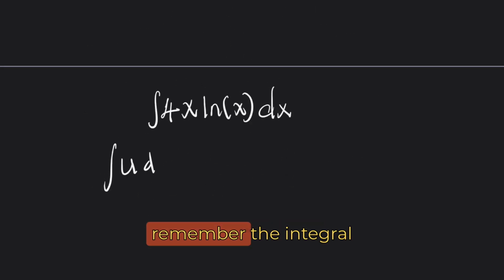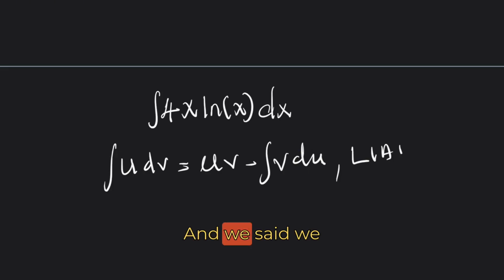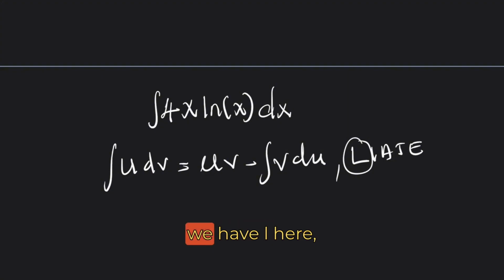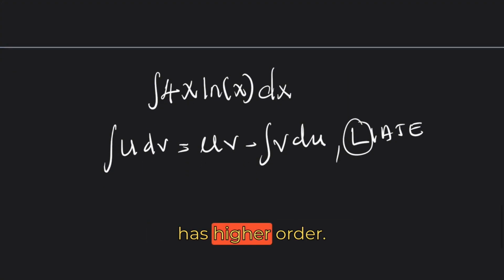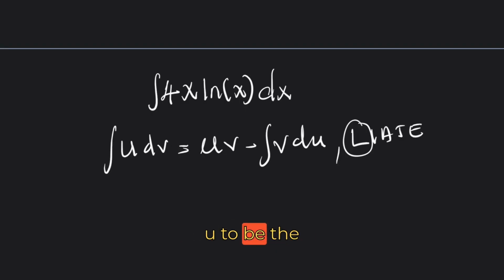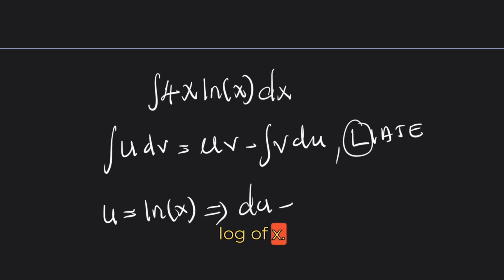In this problem, again, remember the integral of u dv is equal to uv minus the integral of v du. And we said we use this, right? So in this case, we have L here, the logarithmic expression, which has higher order. So we choose u to be the natural log of x. So u is equal to natural log of x.